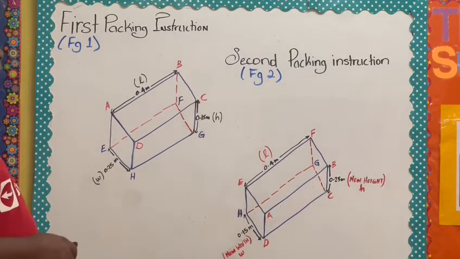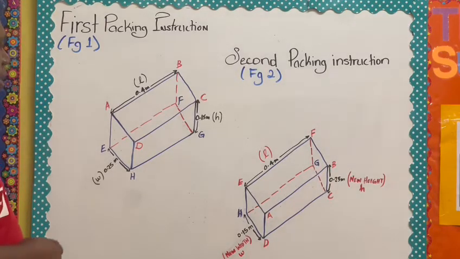Now let us look at the height and the width, because what we realize is that the length would not have been affected. Now let us look at the height. Initially the height was CG, 0.15 meters. When we turn this on the side, CG is no longer upright, but CG has turned into the new width, as you can see.